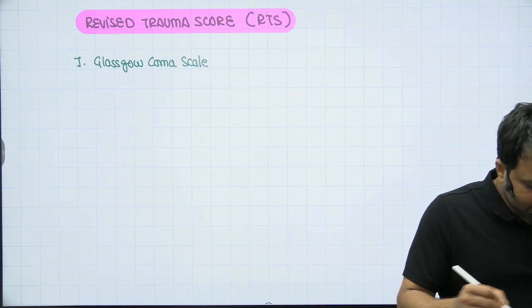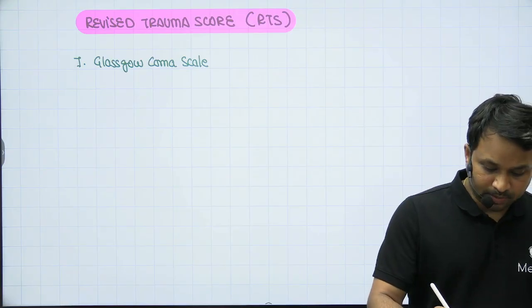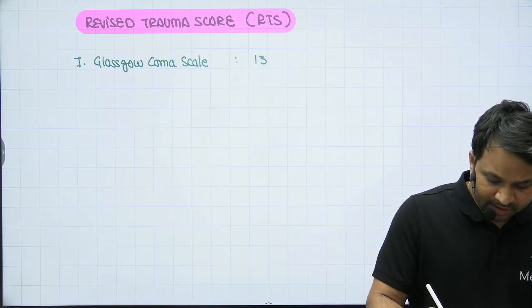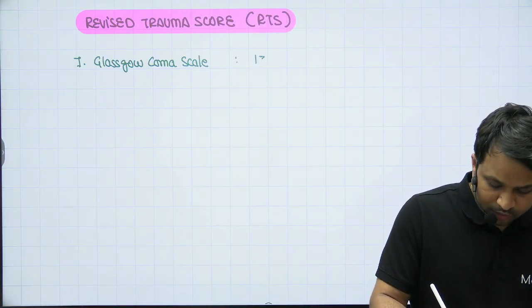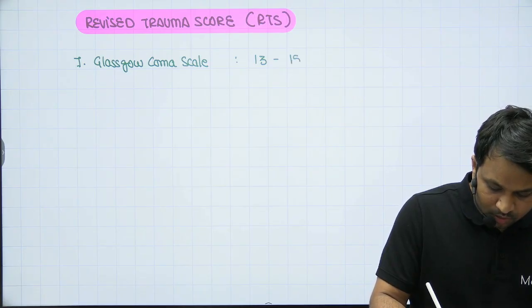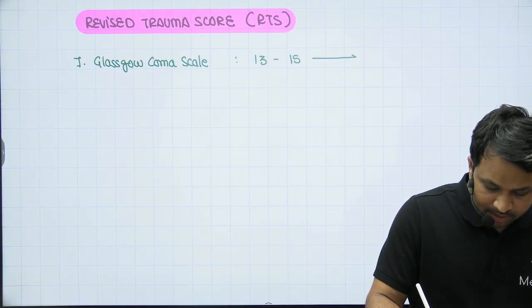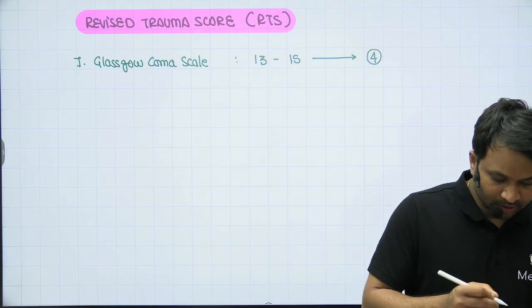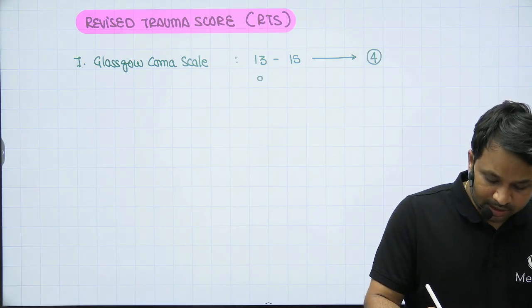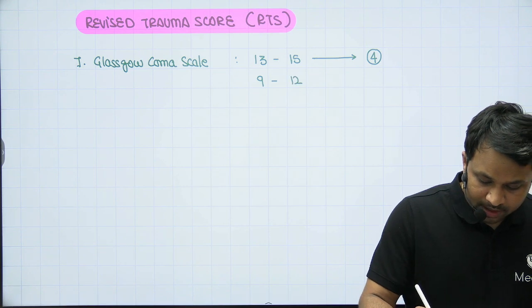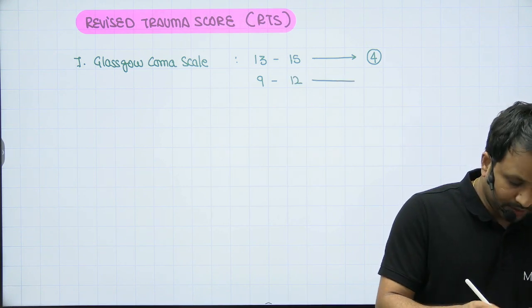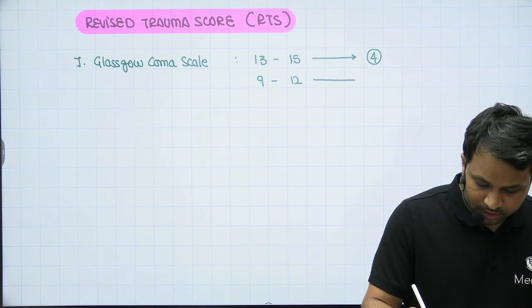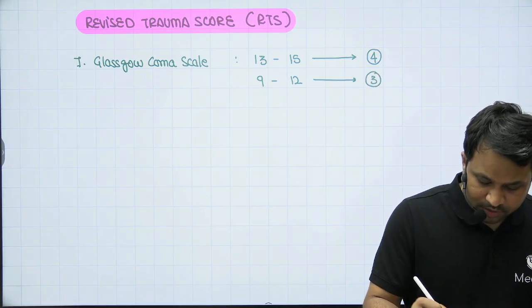So when you look at the GCS scoring system, if the score of GCS is anywhere between 13 to 15, we give an RTS score of 4. If the GCS is between 9 to 12, we'll give a score of 3.